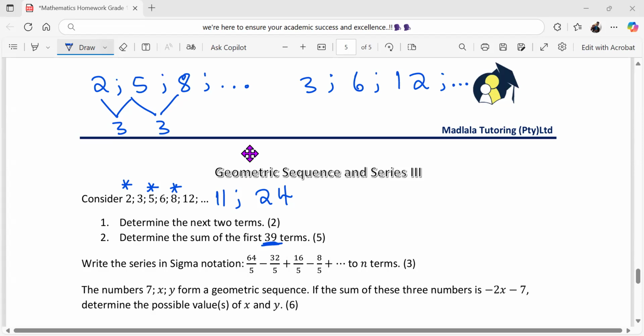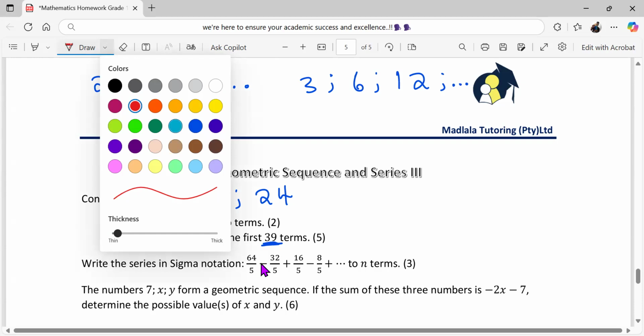Here we can see that we have terms that are alternating, right? The first term is in an arithmetic sequence, in fact. But the second term is in a geometric sequence. The third term, arithmetic. Fourth, geometric. Fifth, arithmetic. Sixth, geometric.